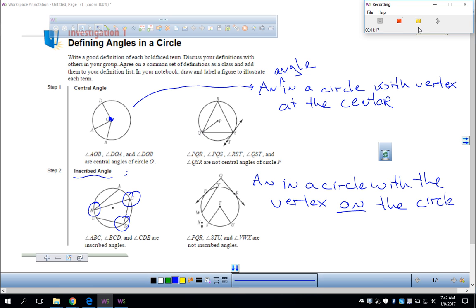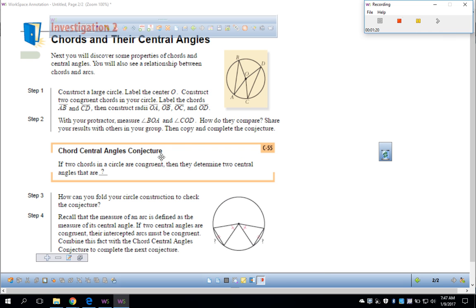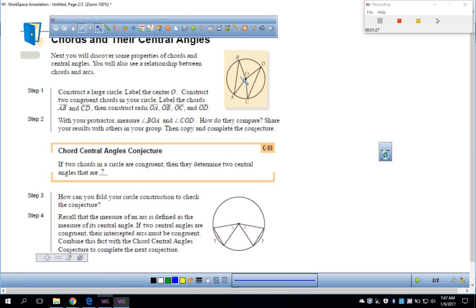So with a central angle, the vertex is at the center; with an inscribed angle, the vertex is on the circle. So that was an investigation. If you measured this angle here and this angle here, you should have got that those two things are congruent, right?